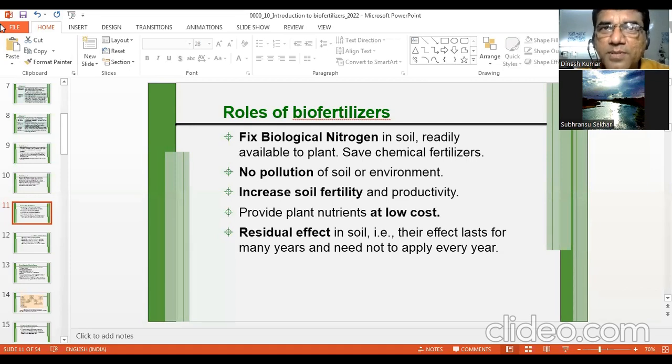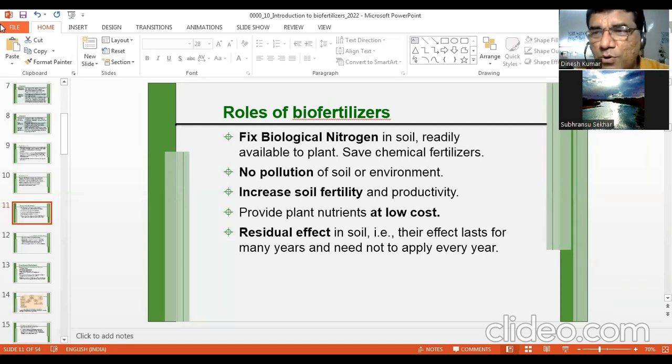They release enzymes, amino acids, vitamins, and hormones. All these organic constituents released by microbes or bacteria go into the plant roots directly and improve growth and productivity.